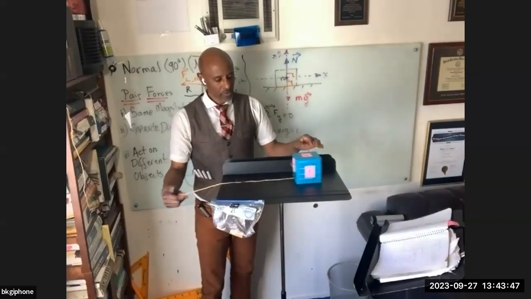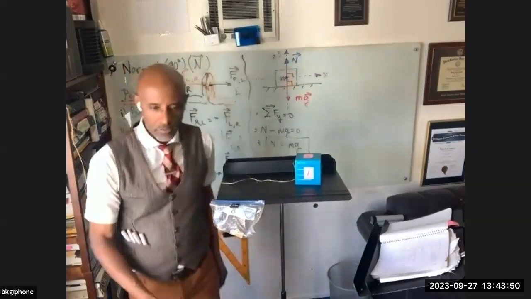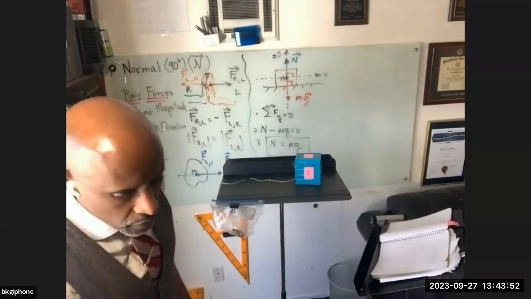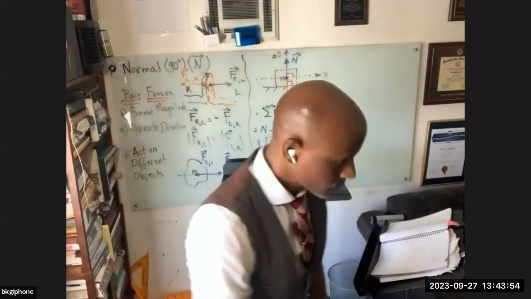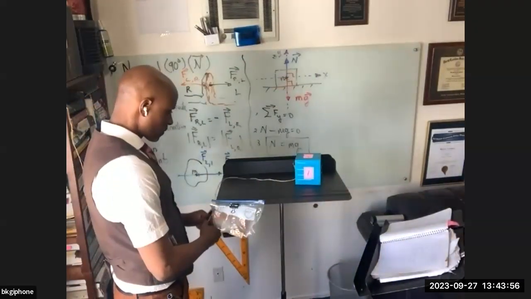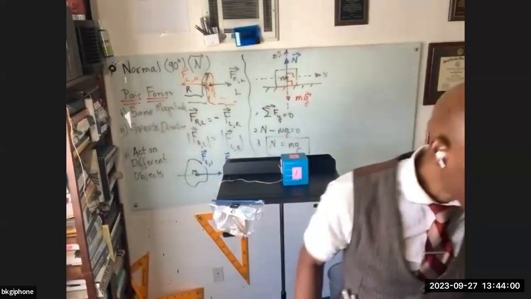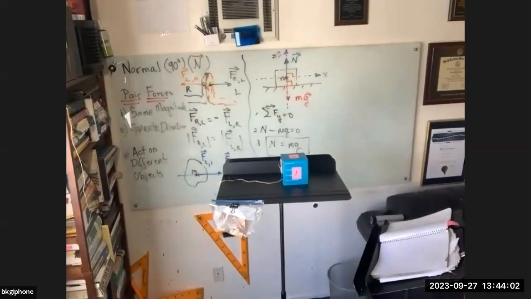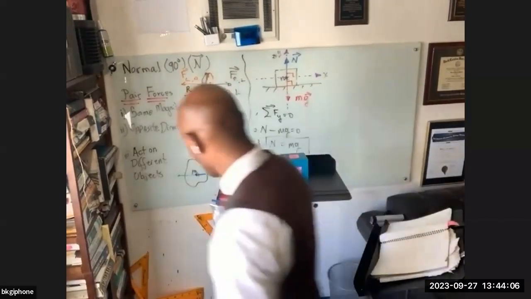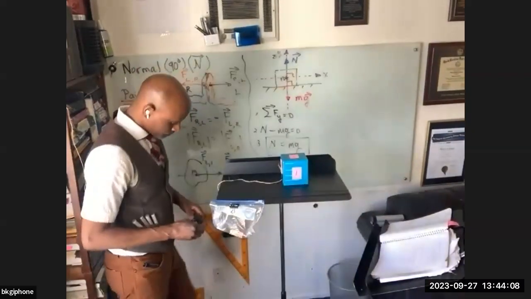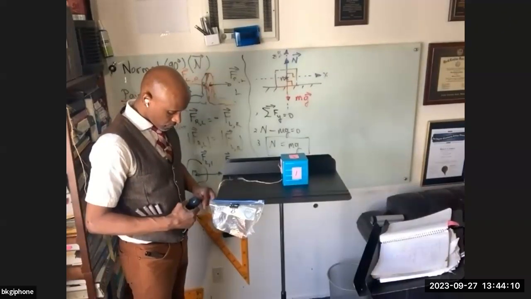And so naturally what's going to happen is... Now, just assume that my surfaces are frictionless or that I have a pulley or something hanging on there, which I don't, but assuming that I did.